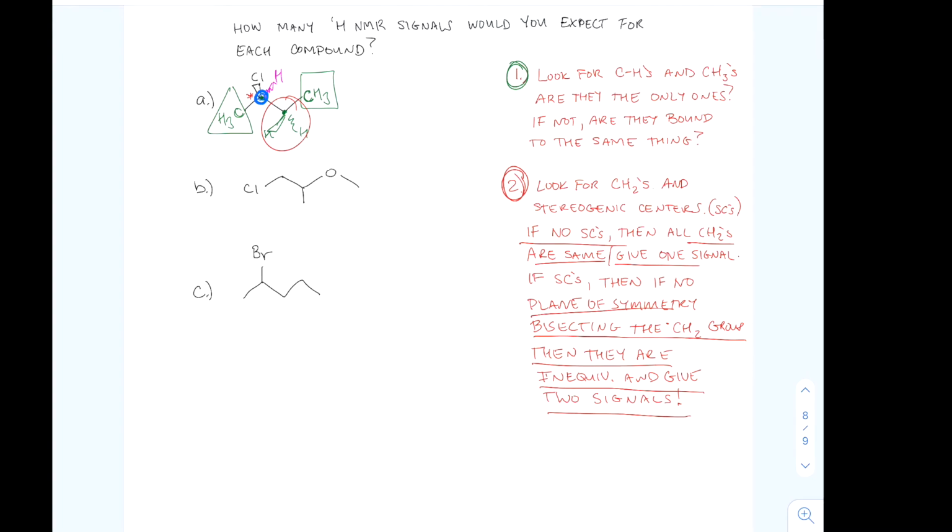And so really what we're doing is we're slicing it down here. We can see that we've clearly got a different group on the left side and the right side. And so those 2 hydrogens would be diastereotopic. You can also substitute them each for a Z, and that would give you 2 different compounds in terms of stereoisomers.